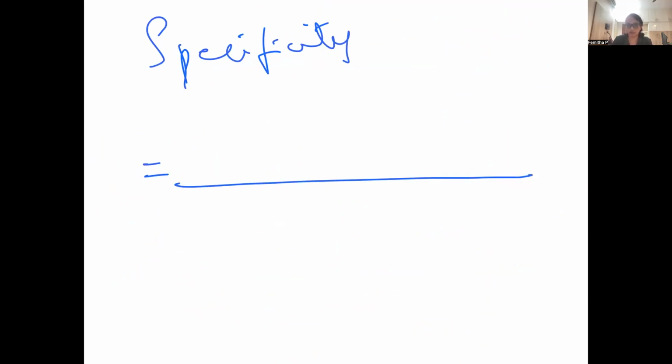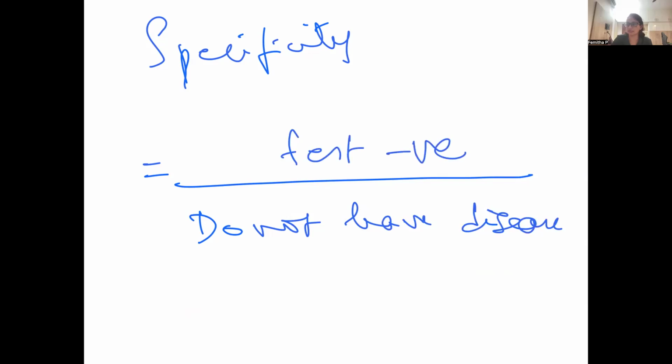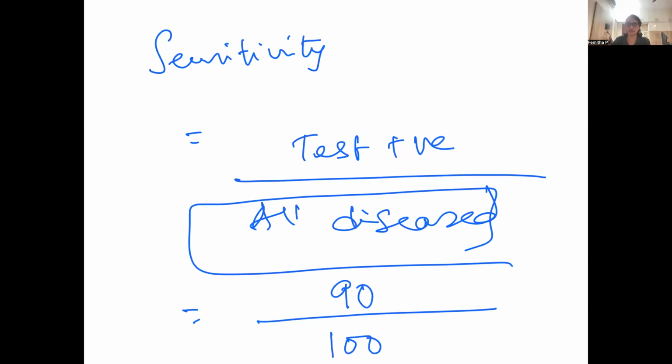Similarly, if you were going to talk about specificity in true language of only English, it would be out of those who do not have the disease. So that is your denominator. How many of them will have a test result negative? So we need not put in TP, FN, FP, TN and all those things. Like we said earlier, sensitivity is out of all diseased, how many are tested positive?